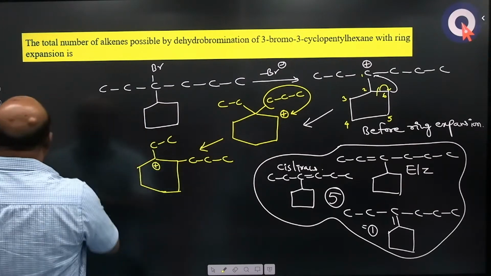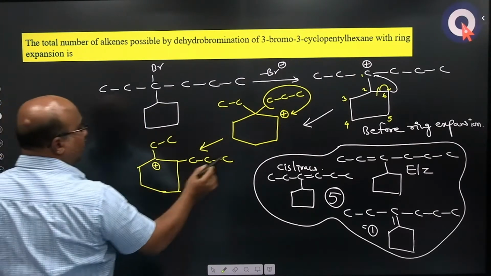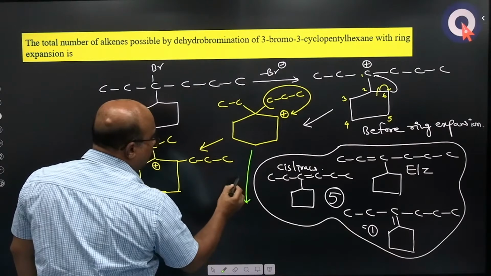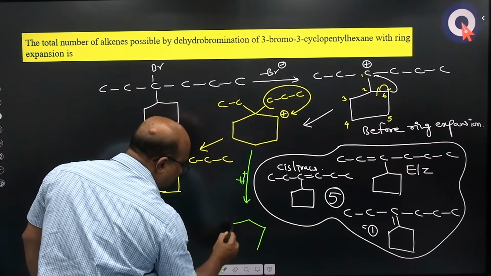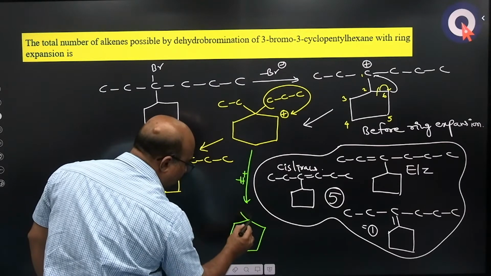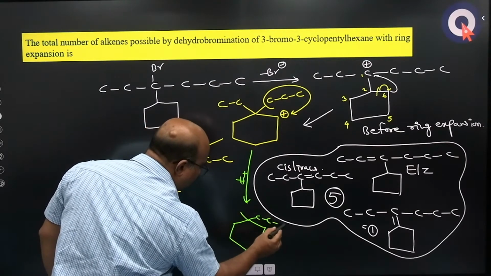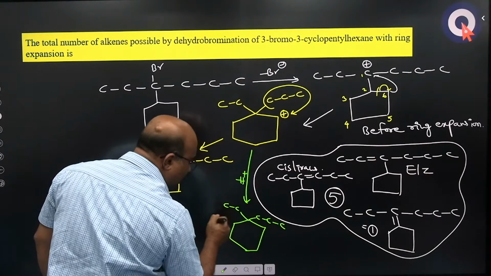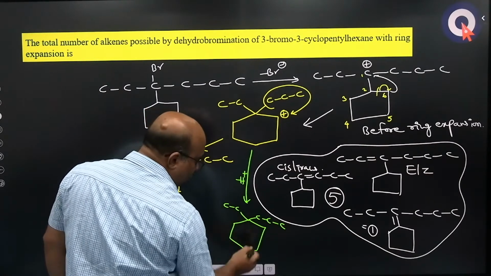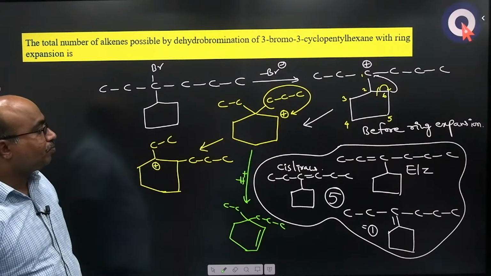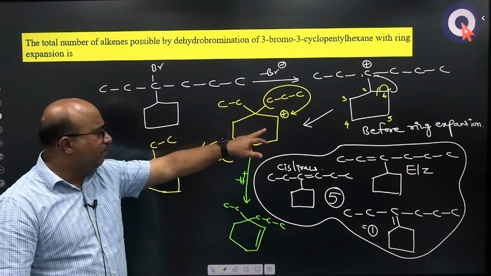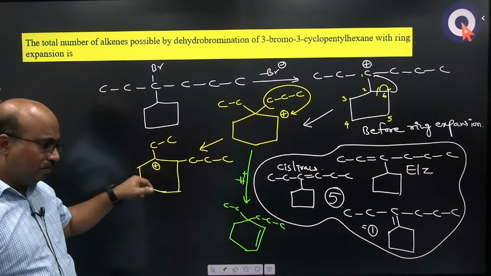So, what is the direct alkene that we get from here? With the loss of H plus from. That is, you will see this maybe. Means their intention is to ask this one also, because ring expansion has already happened. So, a double bond will form here. But this one is rearranging to this, which is stable.